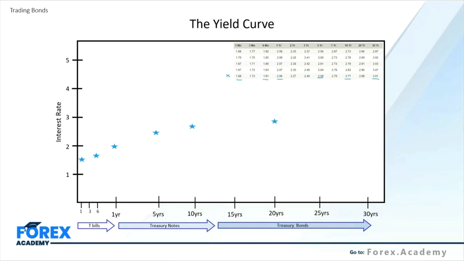We've plotted again the 20-year at 2.89, and then the final 30-year bond at 3.01% interest rate annualized. So when we actually connect the dots and plot our yield curve, we can see that it takes this upward forming structure, and that reflects that loaning money over different periods of time will reflect obviously the risk involved in the duration of each bond relative to the risk in each economy, and that's how global government bonds are actually priced.